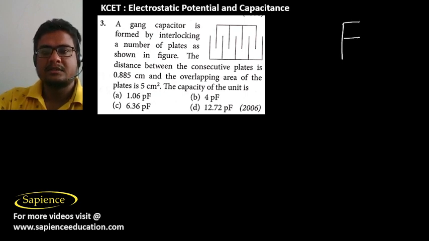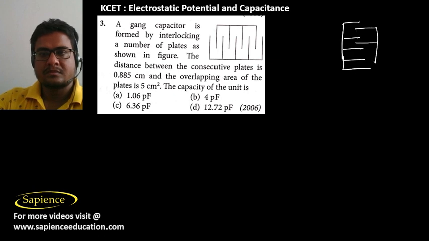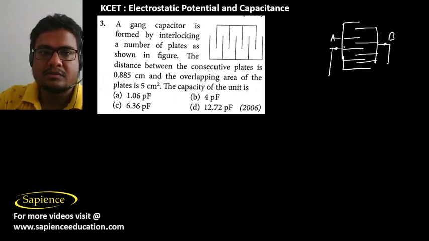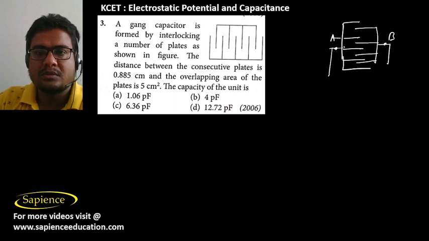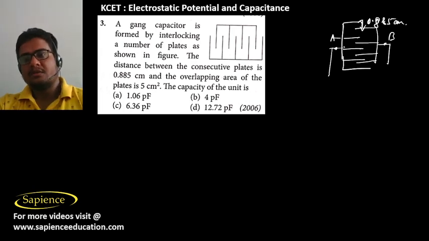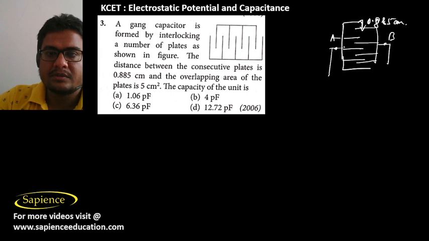So this is like this. Across these two points A and B, we have to find the equivalent capacitance. It is told that the distance between the consecutive plates is 0.885 centimeter, and the overlapping area of the plates is 5 centimeter square.